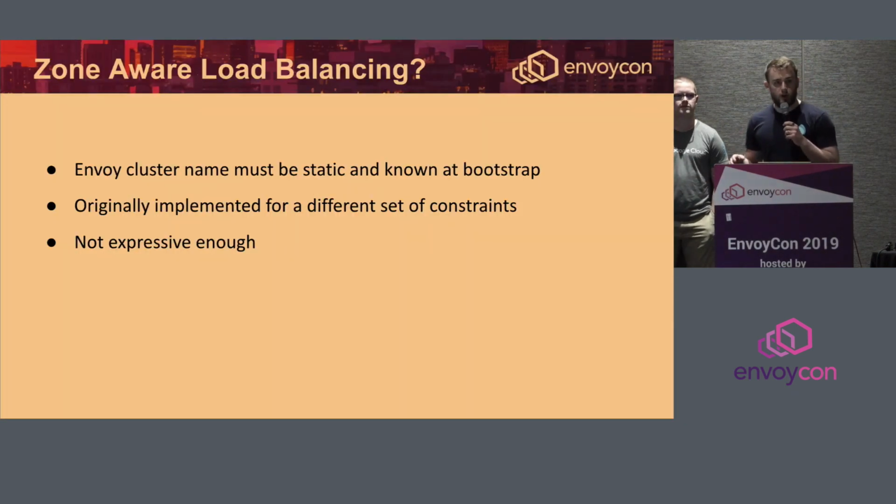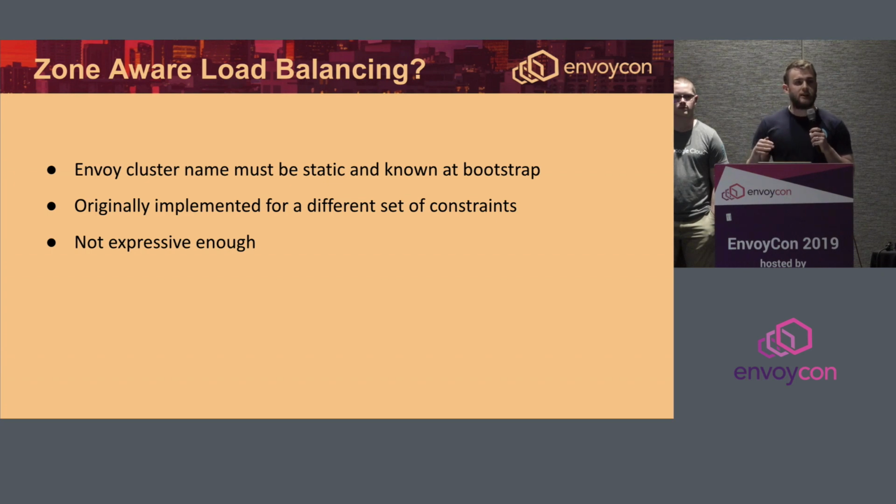So the most obvious one, if you read through the Envoy documentation, is zone-aware load balancing. Now, zone-aware load balancing does meet the keep-traffic-local-where-possible requirement, but the problem we had, and when I say we, I mean Istio had, is that the Envoy cluster name must be static. You have to know it at bootstrap. And in Istio, this isn't true.